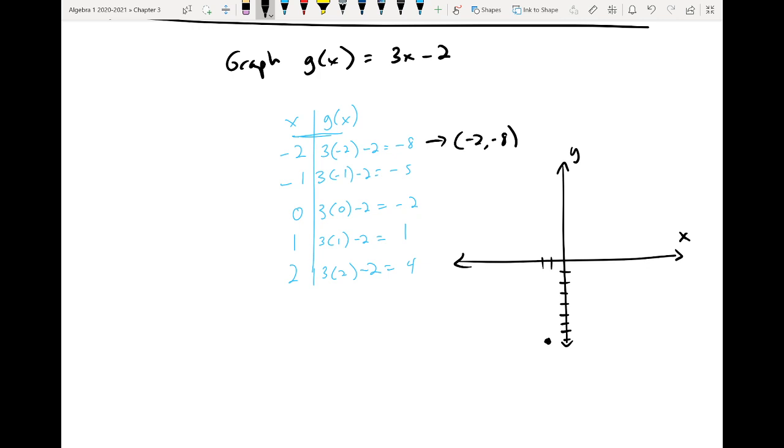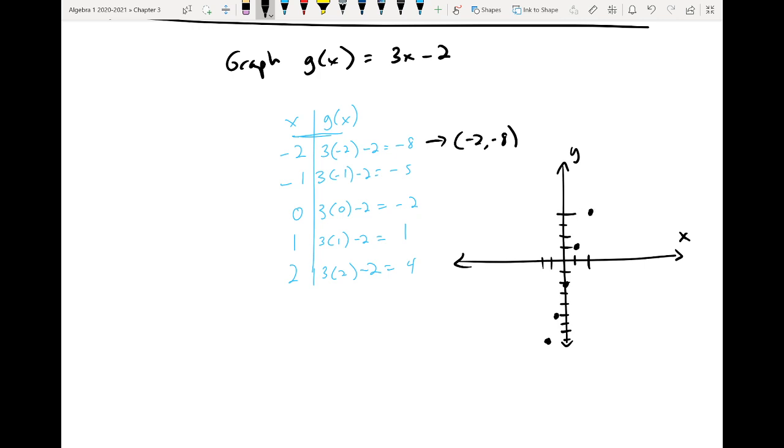I go to the left 1, I go down 1, 2, 3, 4, 5. 0, right? To 2, 1, 1, 2, up 1, 2, 3, 4.